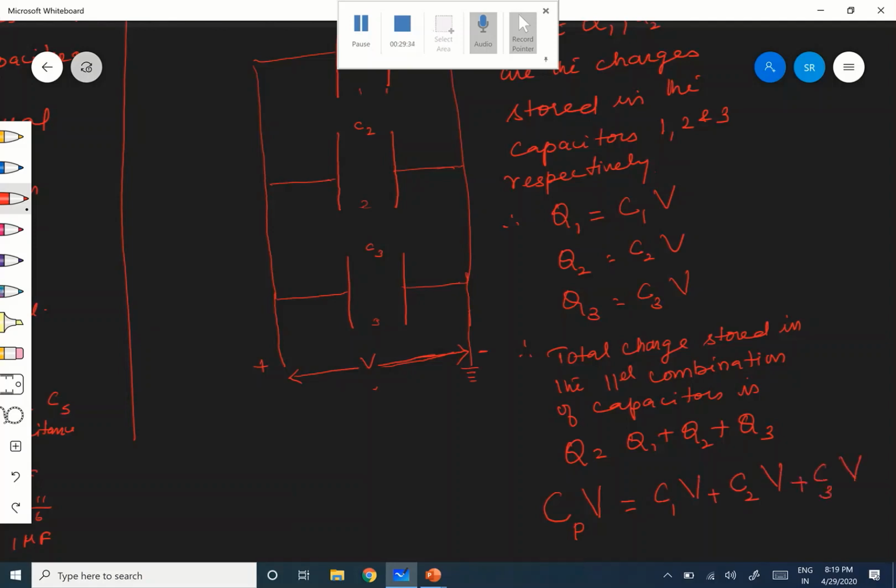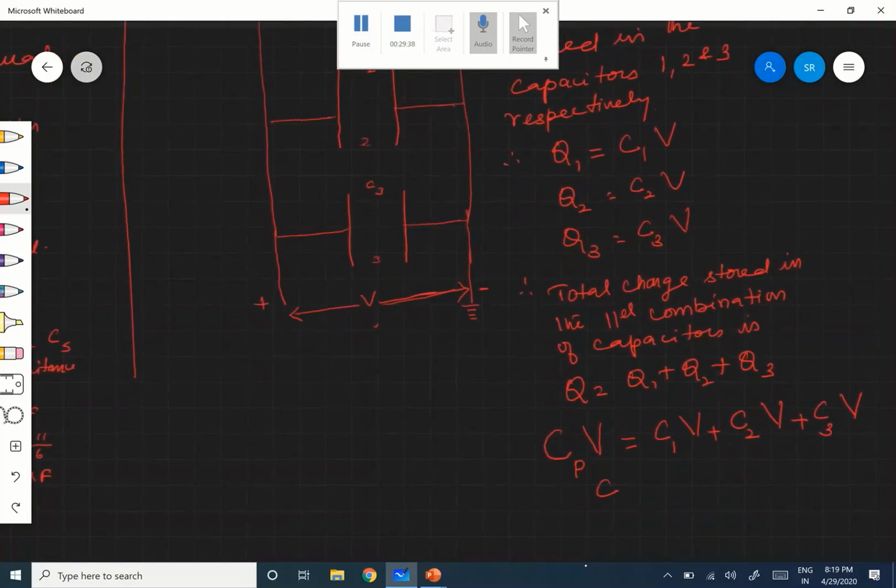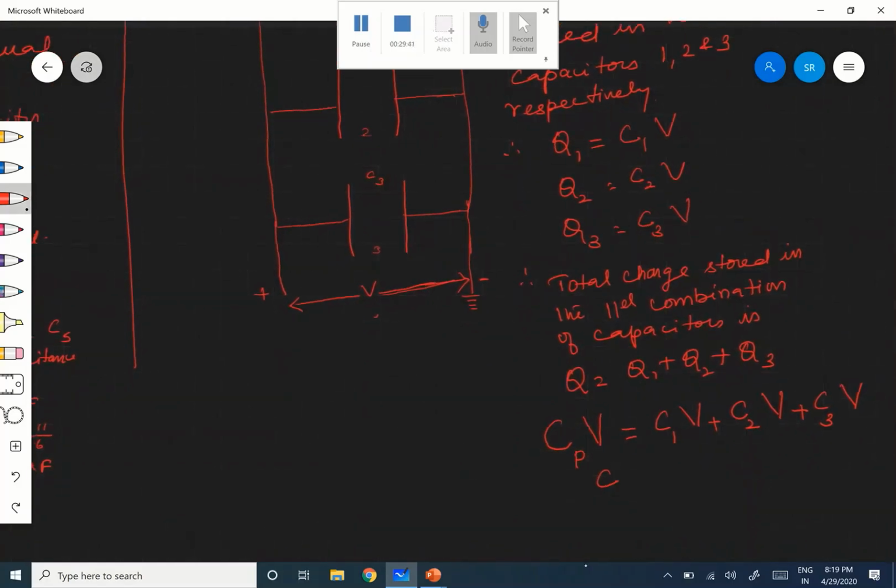V will get cancelled. Therefore Cp is equal to C1 plus C2 plus C3.